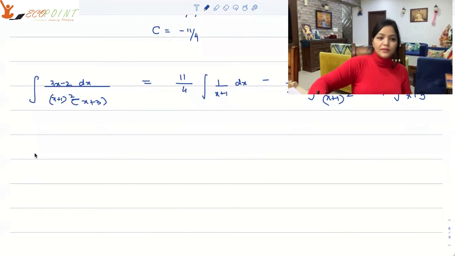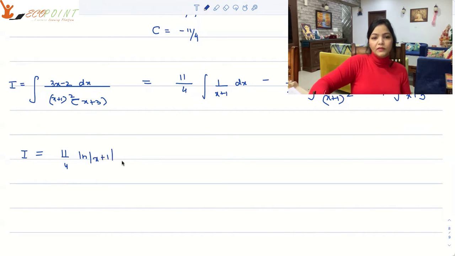So integrating this is very simple. If we call this integral I, the usual notation, it is equal to 11 upon 4 log mod x plus 1, plus some constant, which we can just add in the end.